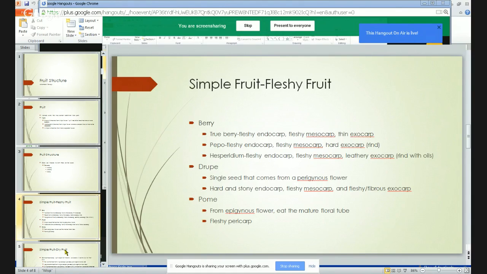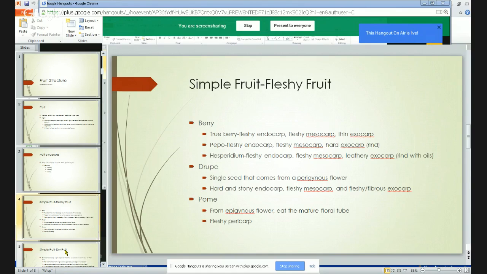You've got a true berry, a pepo, and a hesperidium. A true berry is going to have a fleshy endocarp, a fleshy mesocarp, and a thin exocarp. So think of things like tomatoes. It's a true berry.